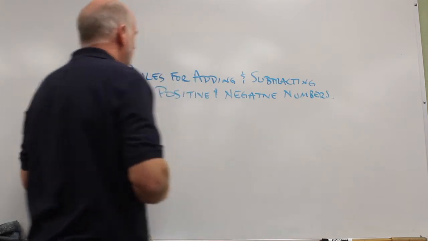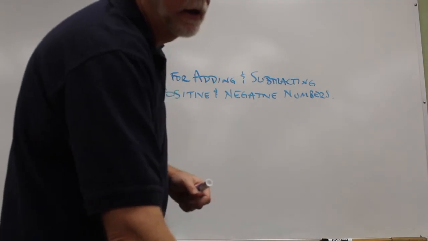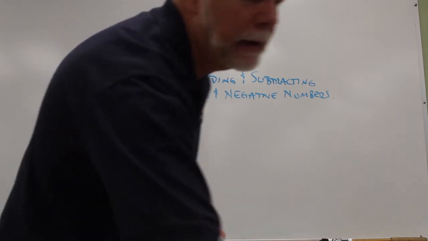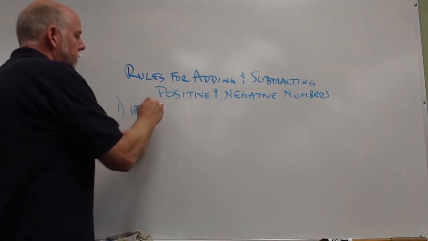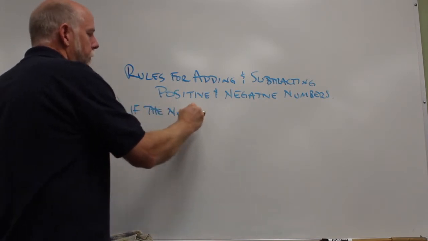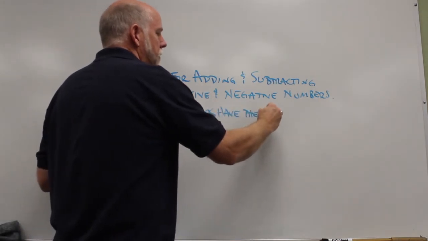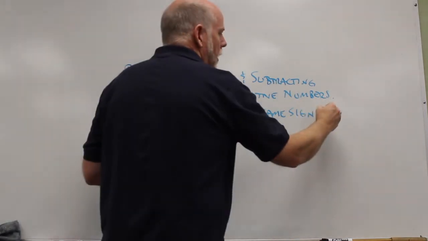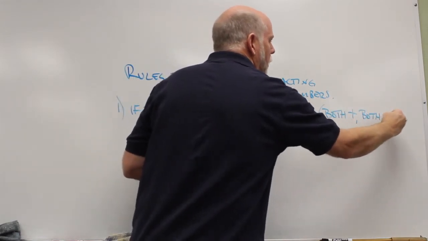Okay. Well, we break the rules down in a couple different steps here. Okay, and those rules get broken down to where if we are adding two numbers that are of the same sign, so if the numbers have the same sign, in other words, they are both positive or both negative.